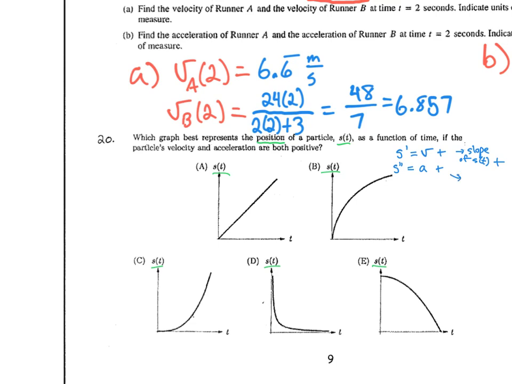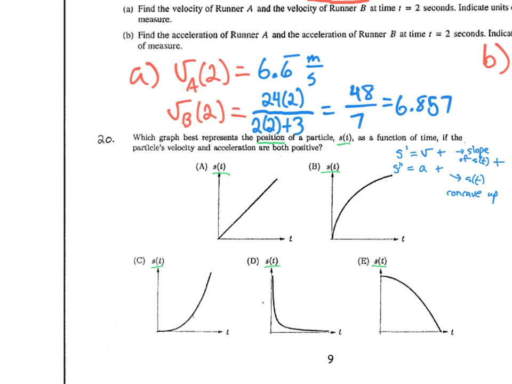Or another way to see it is we want s of t to be concave up. If the second derivative of s is positive, that means that our original function s is concave up.